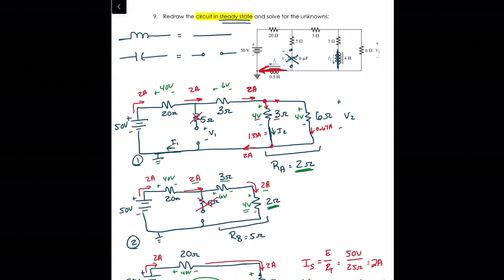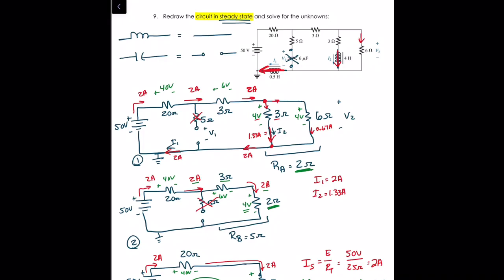So at this point, I1 is right here, and I1 is simply the 2 amps of source current right here. What else are we looking for? I2 is right here, which is I2 here, so that's 1.33 amperes.